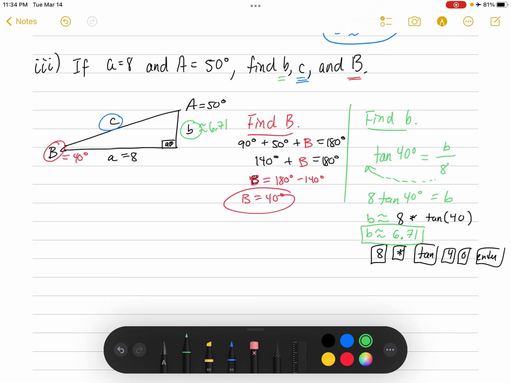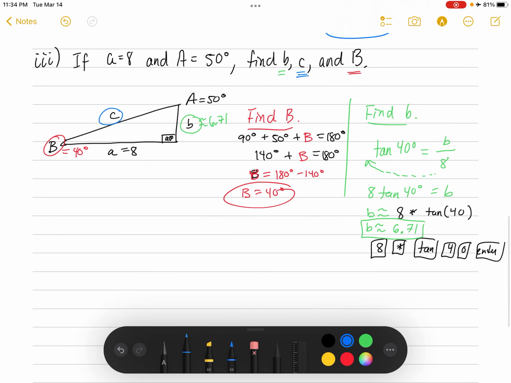If you want to find c next, so we got 6.71 here. So we got 2 sides, right? We got a, we got b. Then we can find c using the Pythagorean theorem. We got 8 squared plus 6.71 squared equals c squared. 8 squared is 64 plus 6.71 squared.